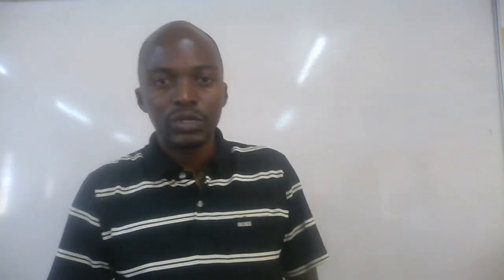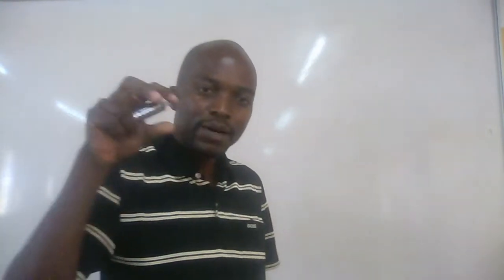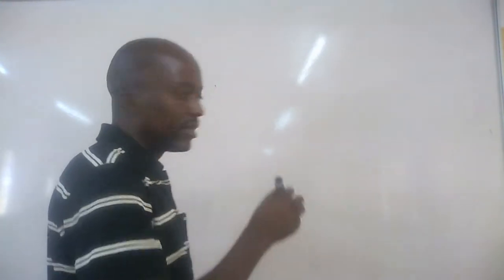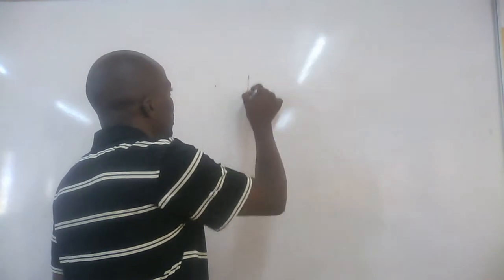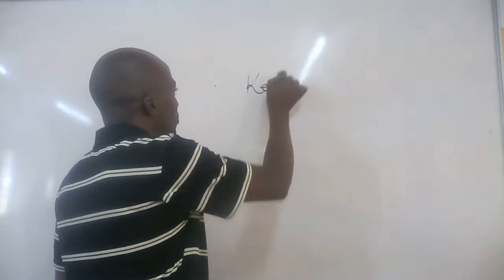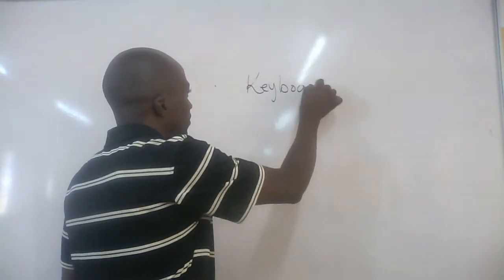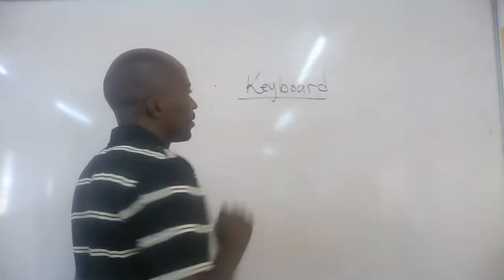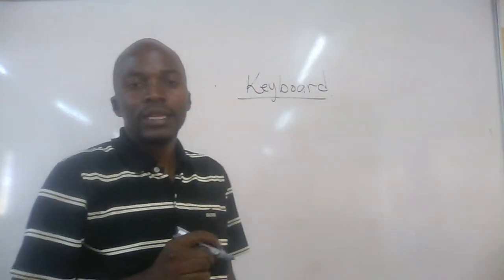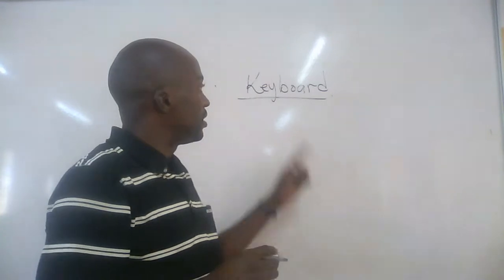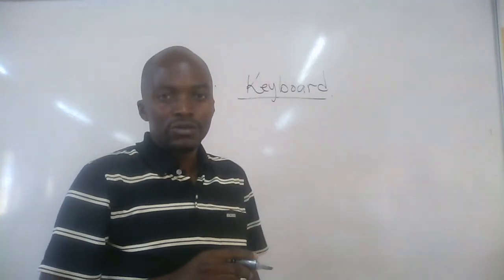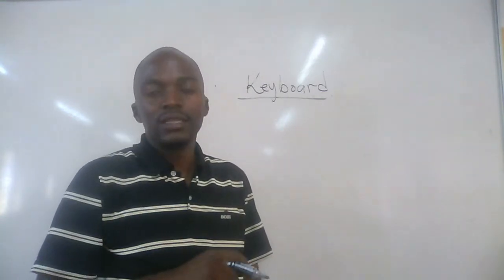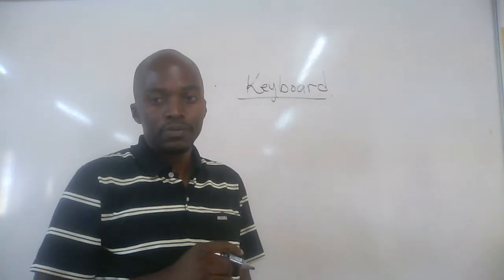So today we are getting one part of the computer, and this part is called the keyboard. This is one of the topics that we are going to look at in this term, that is term 2.